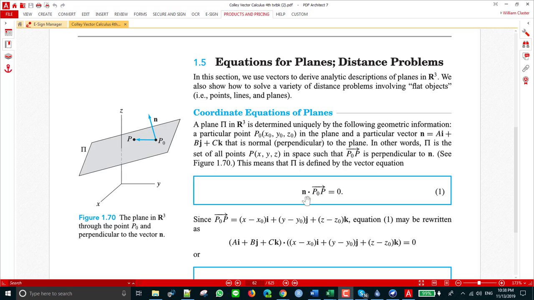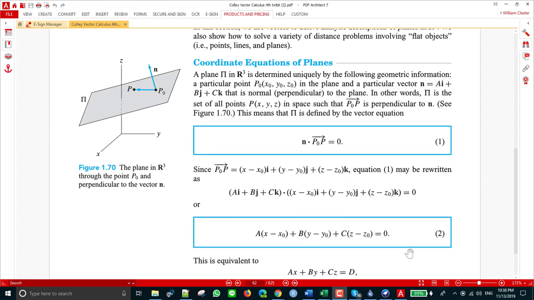Now we can take n, whose coordinates are a, b, c, and take the dot product, and if we work this out, we get a times this plus b times this plus c times this equals 0.